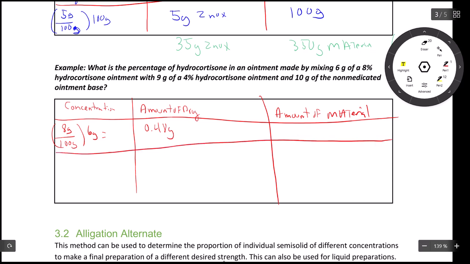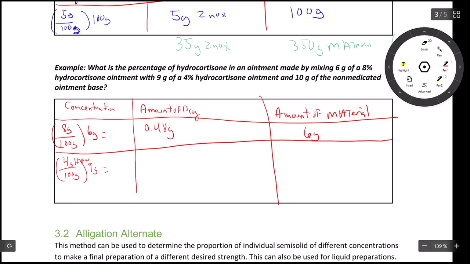The next one says we've got 4%, so it's 4 grams out of 100 grams total. And our amount that we're using is 9 grams total. And this is 4 grams of, in our case, hydrocortisone. I should put the designation of what we're doing.